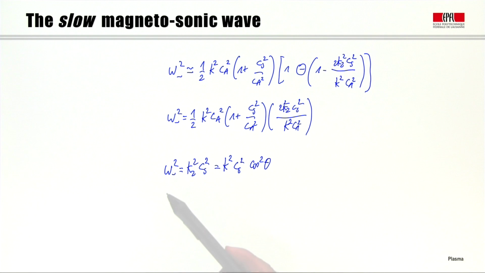So what we end up with is omega minus square equals kz square Cs square, and this is why we call this wave the slow wave, because the phase velocity is Cs, which is much smaller than Ca. The wave frequency depends on the sound speed and the angle between the k vector and the equilibrium magnetic field. So we call this the slow magnetosonic wave, a sound wave that exists in the presence of a magnetic field.